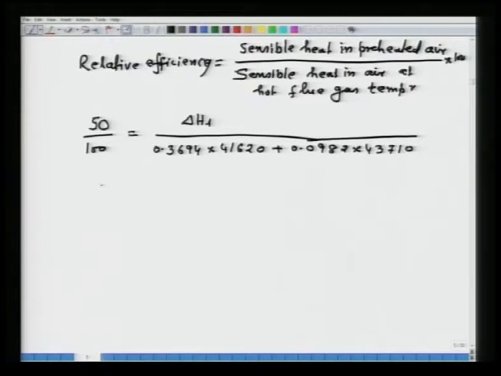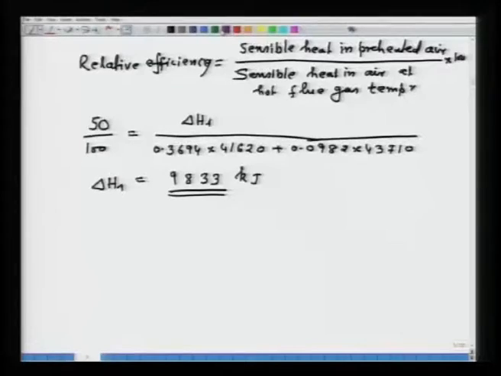So, this calculation comes delta H1, that is equal to 9833 kilojoule. That means, that much amount of kilojoule you are able to recover from the heat which was taken away by products of combustion by installing a heat exchanger.